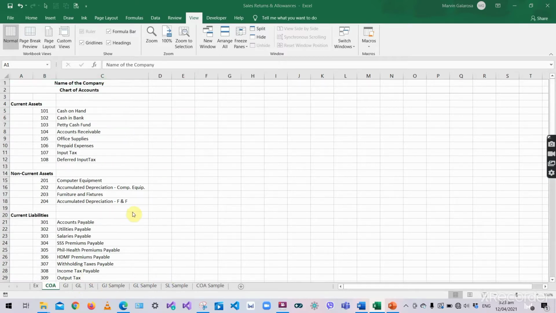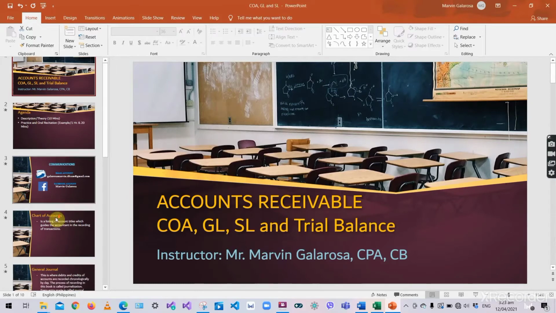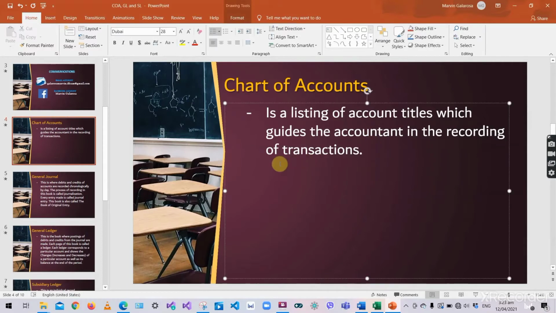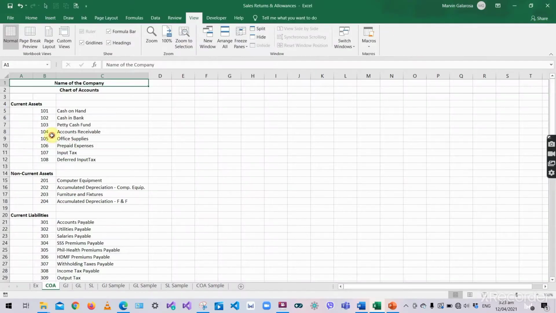So, chart of accounts. Chart of accounts is a listing of account titles which guides the accountant in recording the transactions. So here is an example of the chart of accounts.